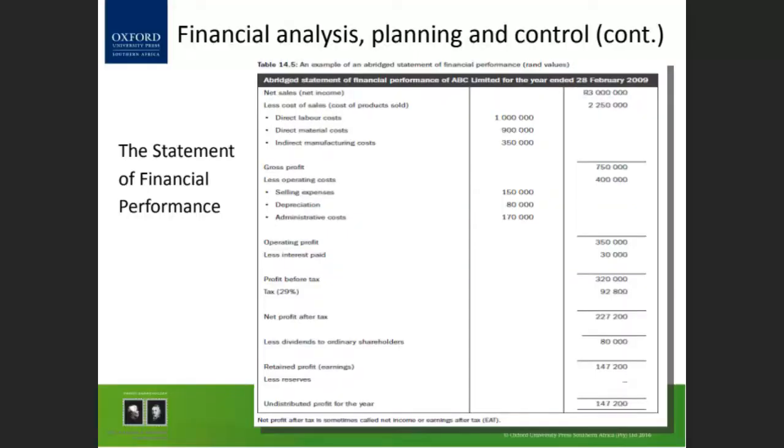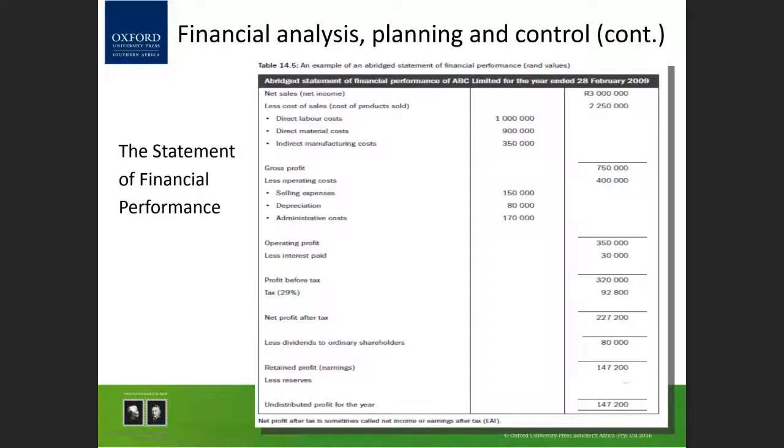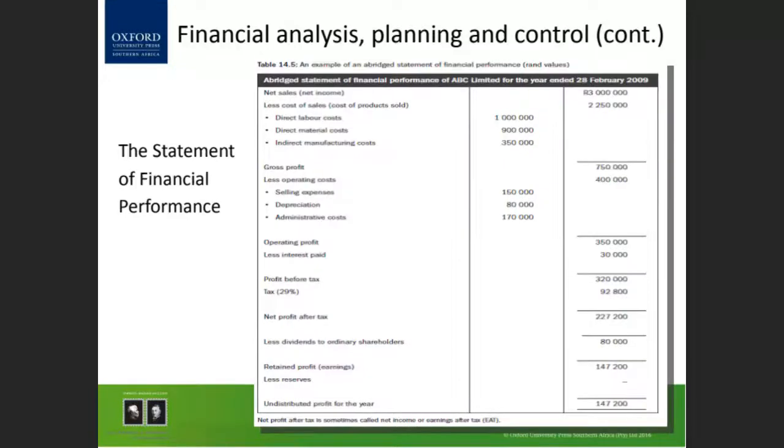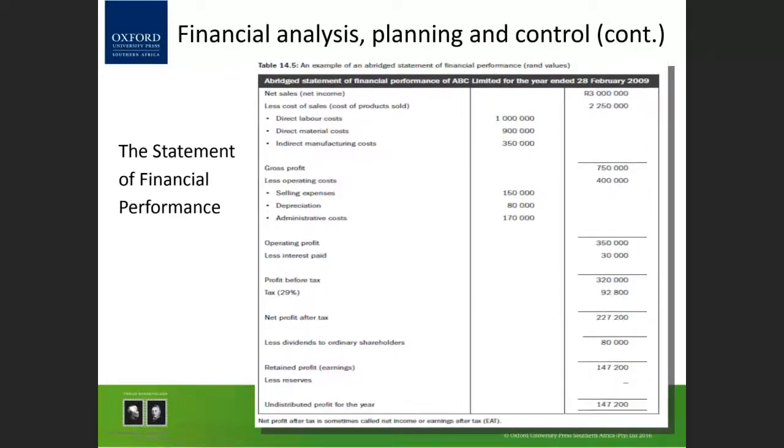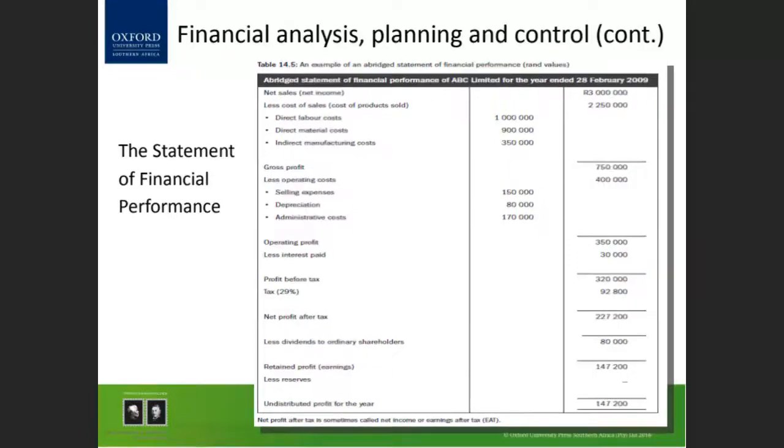That's where we also find the figure for stock, the closing stock. We can find it in the statement of financial performance. The figure for stock, we can also find it in the statement of financial position, which is the balance sheet.